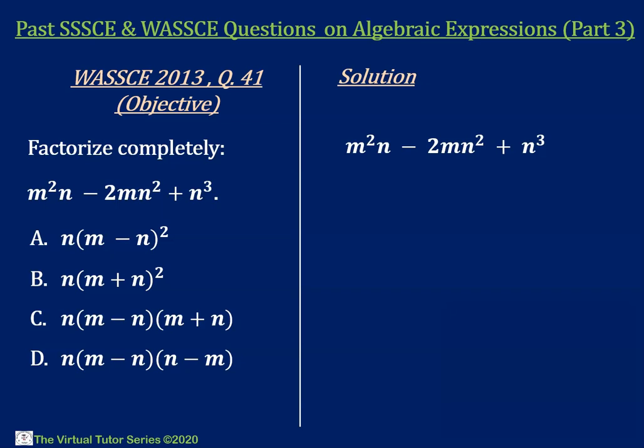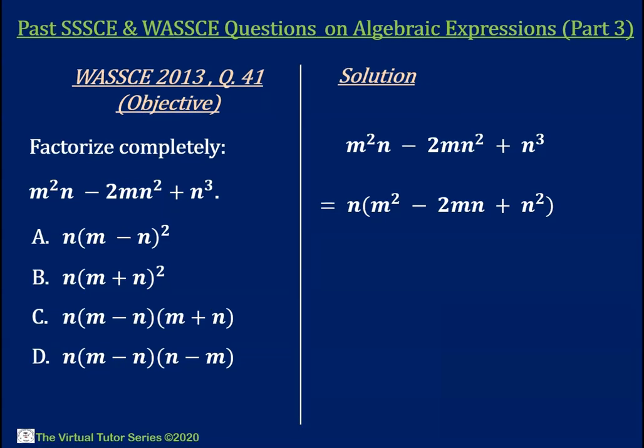We have a common factor of n, so let's factor n out. So the expression becomes n into bracket m squared minus 2mn plus n squared. The expression in the bracket is a quadratic trinomial with two variables, m and n.